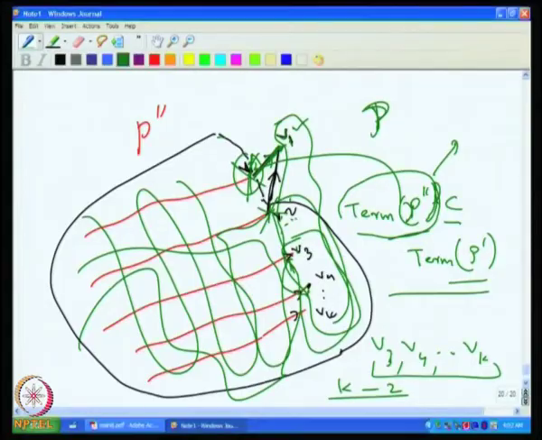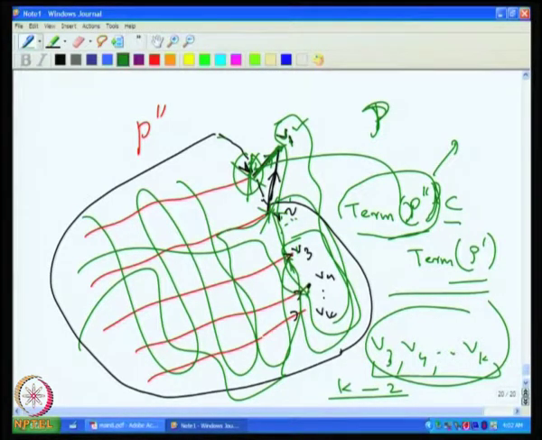So the cardinality of the path cover itself cannot be more than k minus 2. So now what I would do is I could simply add V1 as a singleton path along with this path cover P double dash, and that will make a path cover for the original graph G.